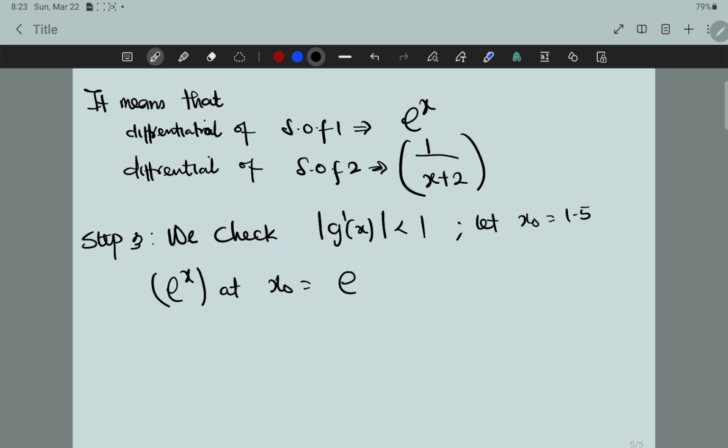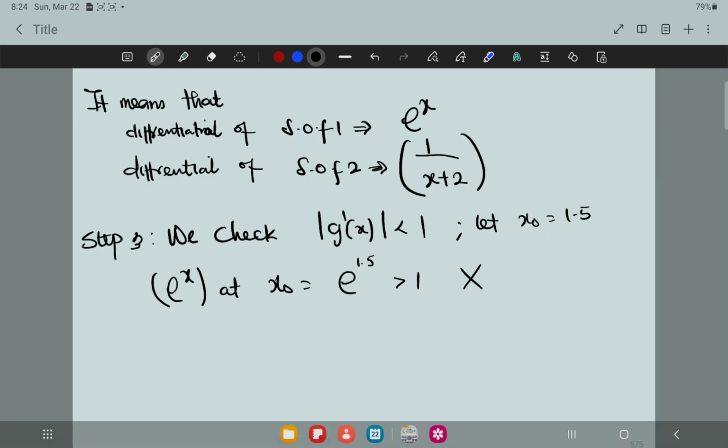So e to the power of 1.5, I believe that answer will be greater than 1. You can confirm that it will be greater than 1. So I'm not going to use that, so it is wrong. We are testing each differential at x naught. Do you understand? Let's check that out quickly.